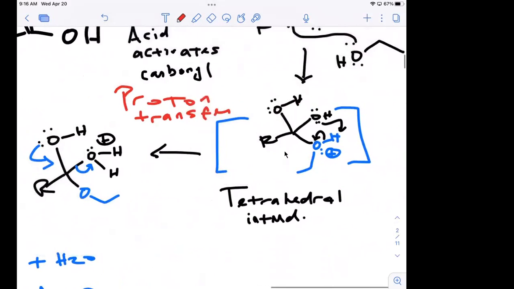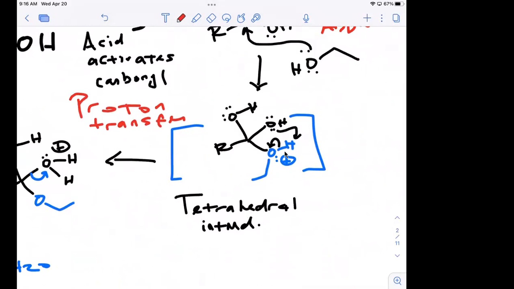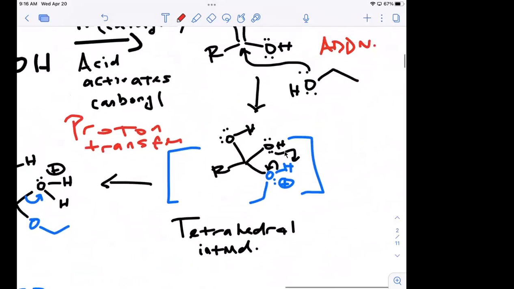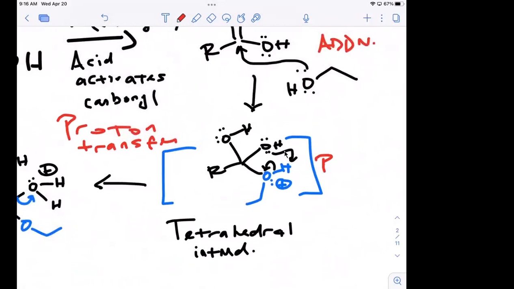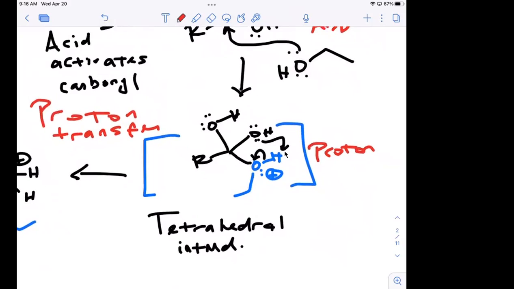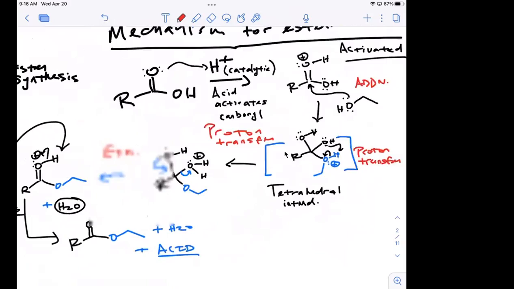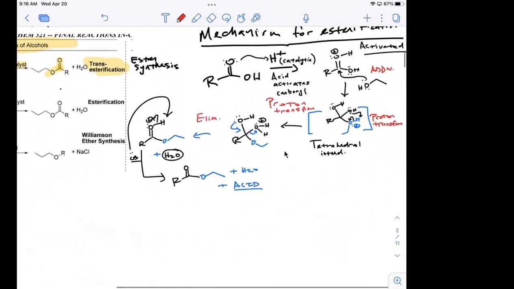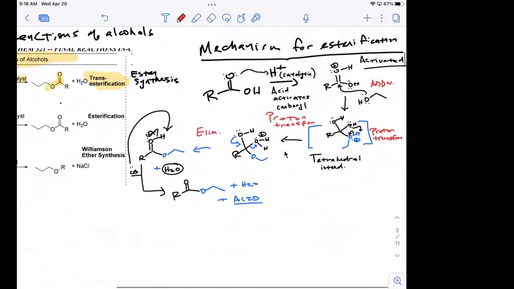And then here you had a proton transfer also. Right, and these are all reactions that we've already seen before. None of this is anything that we haven't seen. It's just applied to a different example, but we've seen this.